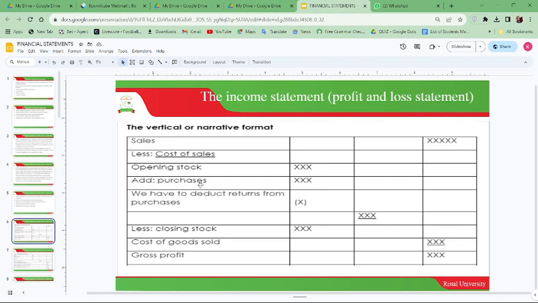We have to deduct returns from the purchases, for example, when you have returns outwards. When we have the returns, you have to subtract them from the purchases.